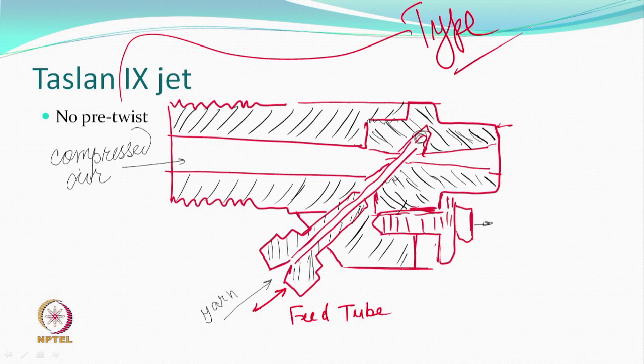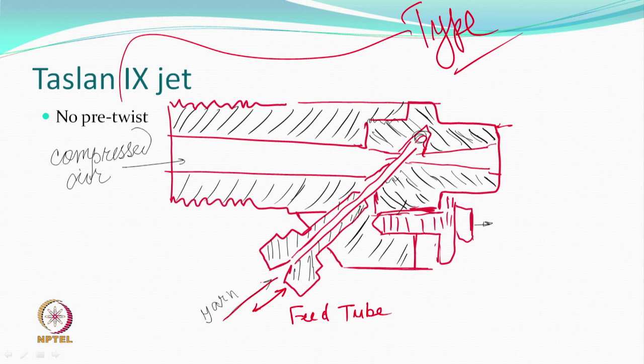What it also meant was good quality yarn at relatively higher speeds, in which there was a feed tube. You can see this feed tube is at an angle.